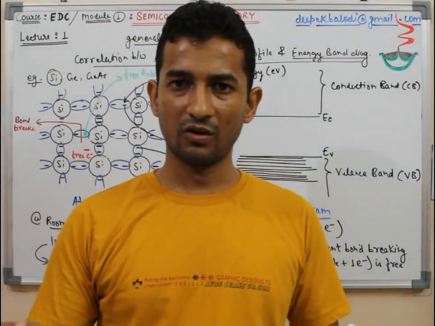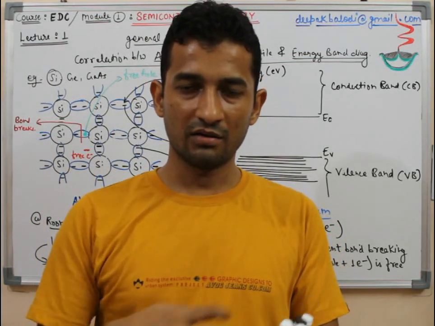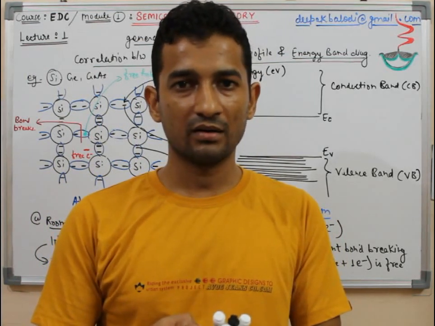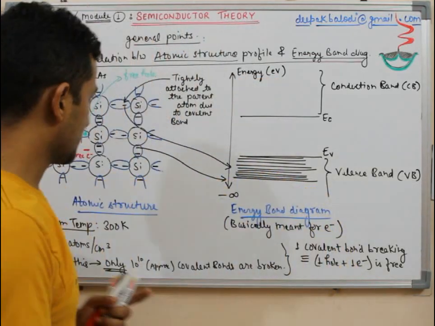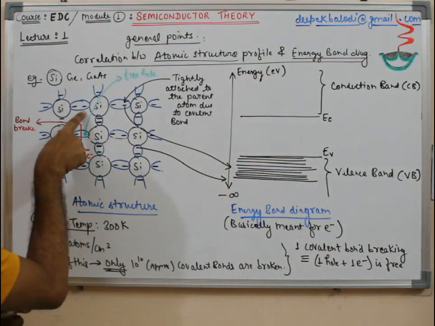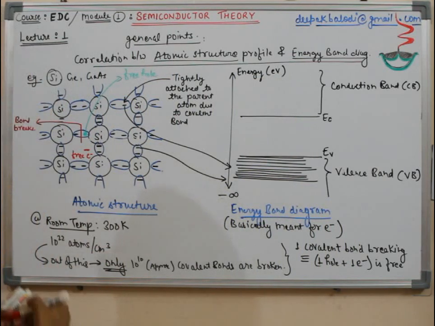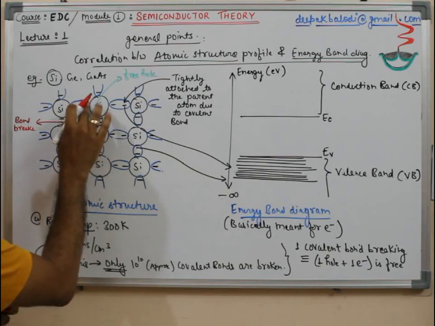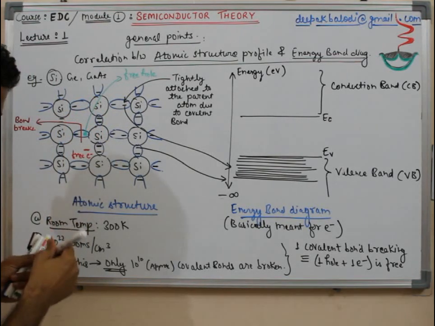So any free electron and hole, if they come in close proximity, are likely to combine and lose their existence. It is a natural phenomenon. Any nearby electron which is already in covalent bond sharing would like to come here and occupy this. Suppose this electron from this side comes here and occupies this place.